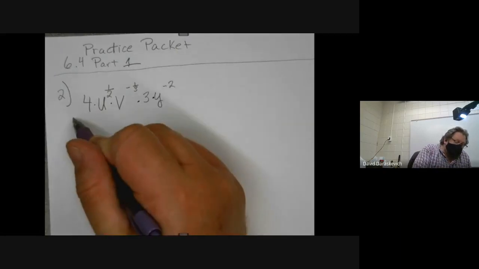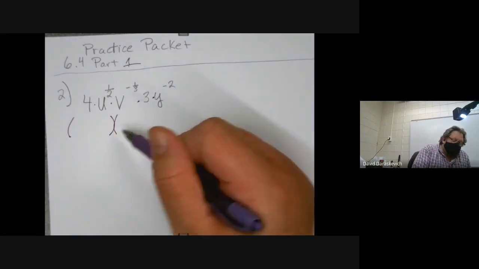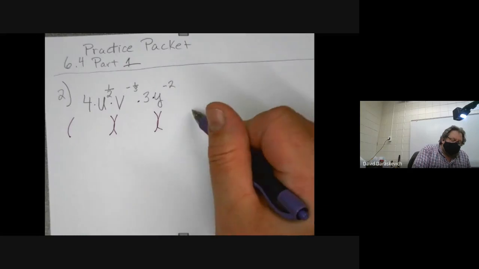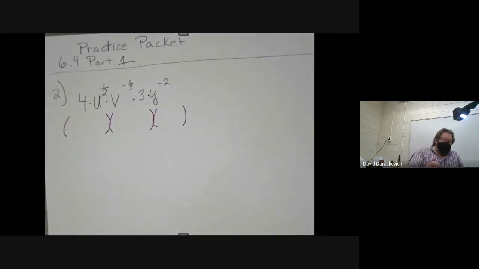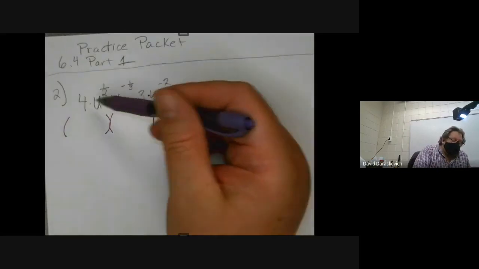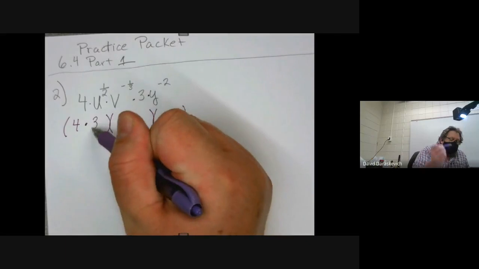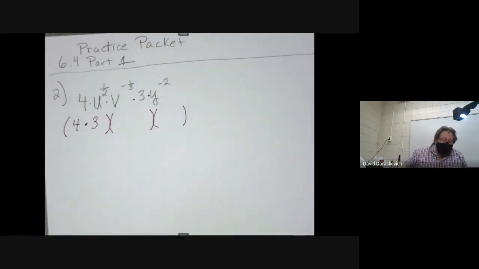I'm going to put my numbers, and then I'm going to group my u's, and my v's. Okay, numbers. I have 4 times 3. The 2 u's, that's a u, that's not a y.